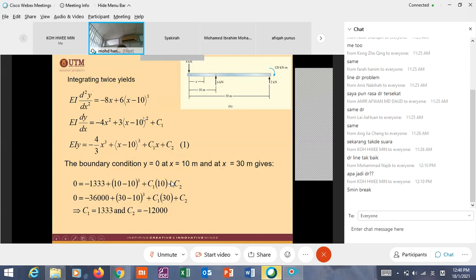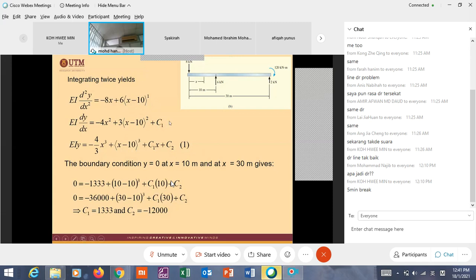So x minus 10 squared divided by 2, so 6 over 2 equals 3, plus C1. And similar to this one, x minus 10 cubed divided by 3, the 3 cancels here, x minus 10 cubed, plus C1x plus C2.